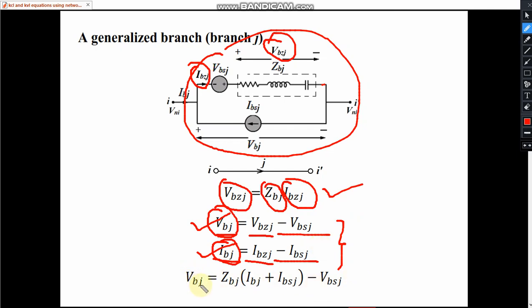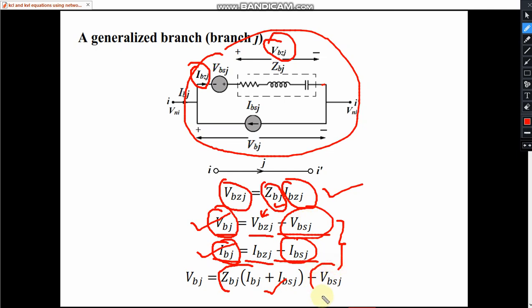So VBJ can be written as actually this minus this. So this can be substituted from here, and this will come out to be ZBJ multiplied by IBZJ, and IBZJ is how much from this equation? IBJ plus this much. So we can substitute from here, and then minus this.